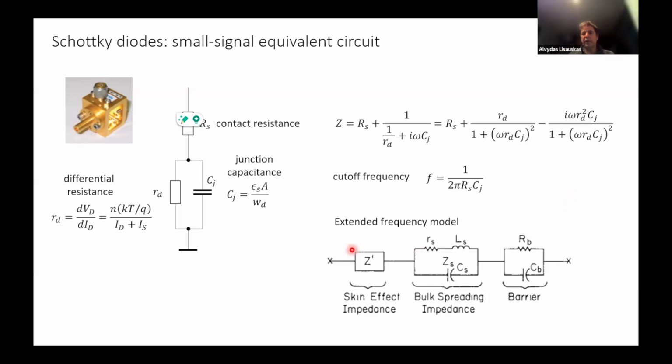So-called skin effect impedance. That's the bulk spreading impedance, and then, well, the barrier comes in. All those phenomena make the roll-off even worse than the simple picture here. This would allow operation pretty far in frequencies, but there is an additional skin effect and losing of 3D transport characteristics.